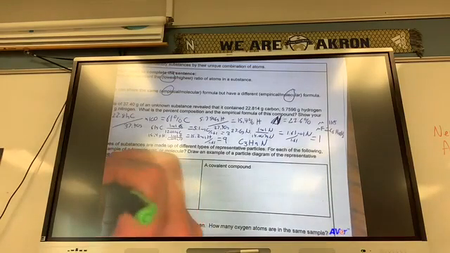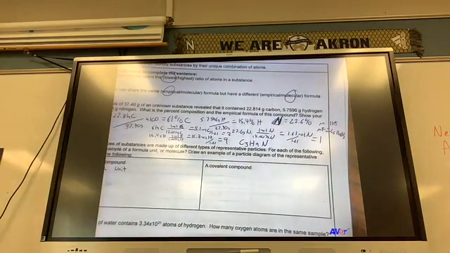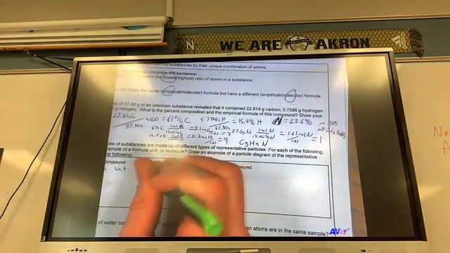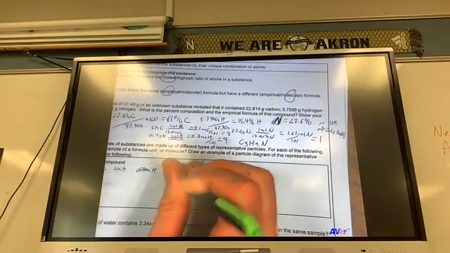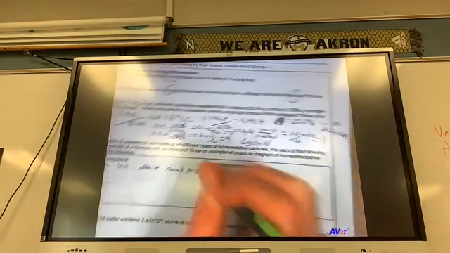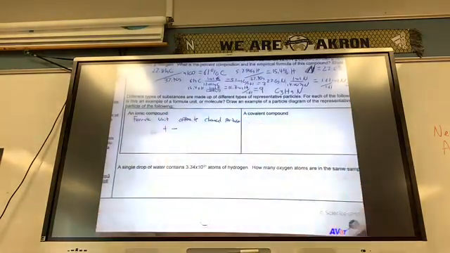Well, an ionic compound is also going to be oppositely charged particles, right? So there are oppositely charged particles because you have to have a positive side and a negative side.